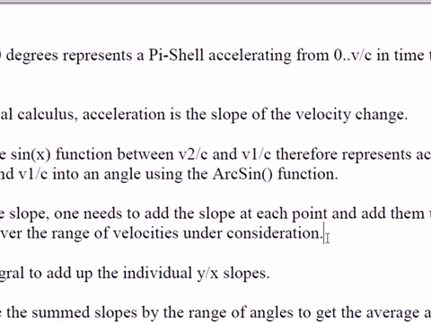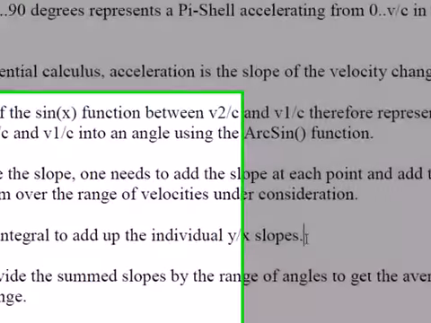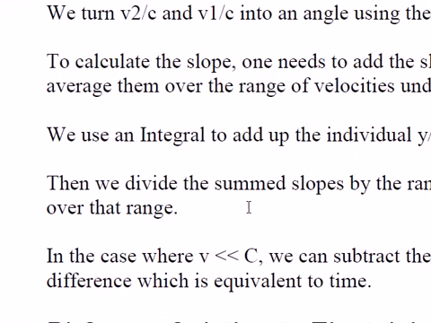One needs to add the slope at each point and average them over the range of velocities under consideration. Then you can use an integral to add up the individual y-x slopes. Then we divide the summed slopes by the range of angles to get the average acceleration over that range. In this case, where v is much less than c, we can subtract the velocities and divide by the angle difference, which is equivalent to time.